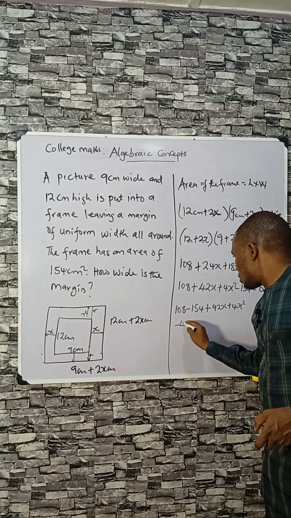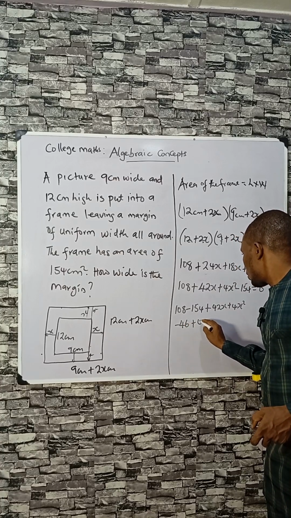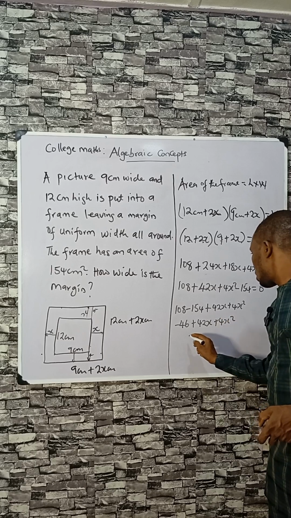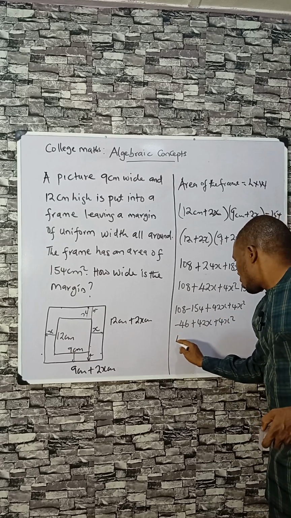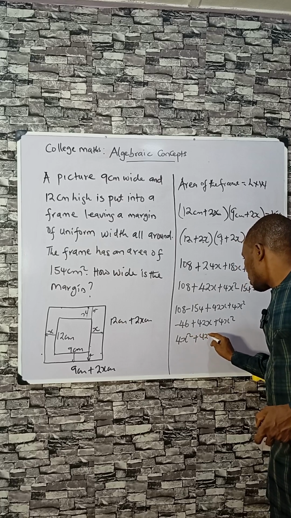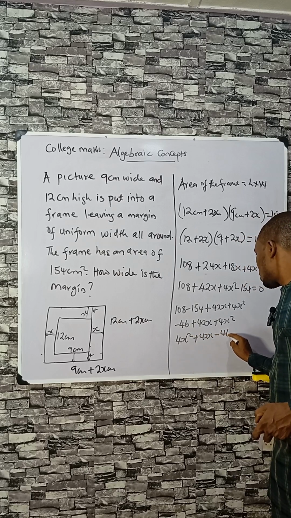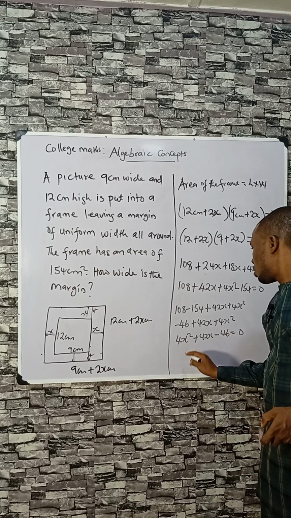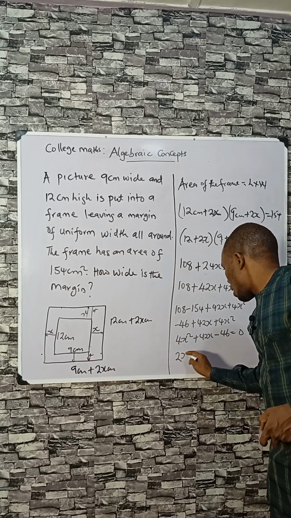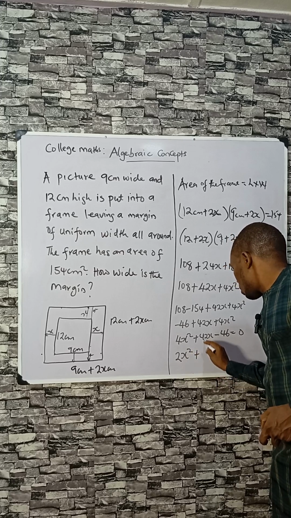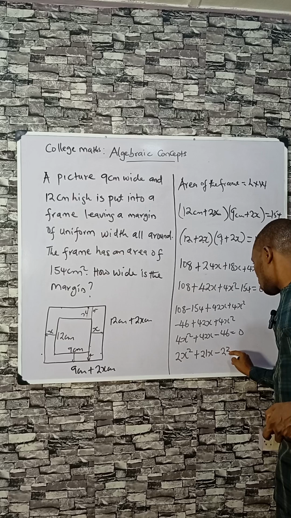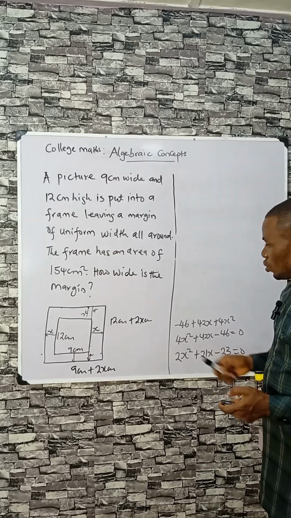This will be minus 46 plus 42x plus 4x squared. Then we have to rearrange this. That will be 4x squared plus 42x minus 46 equals 0. If you divide through by 2 to make this simple for us, that will be 2x squared plus 21x minus 23 equals 0.